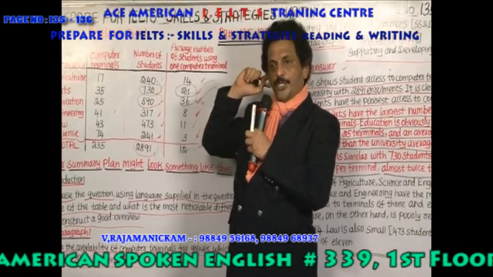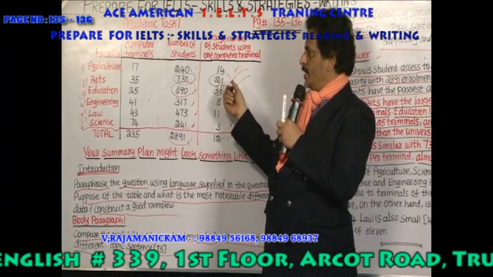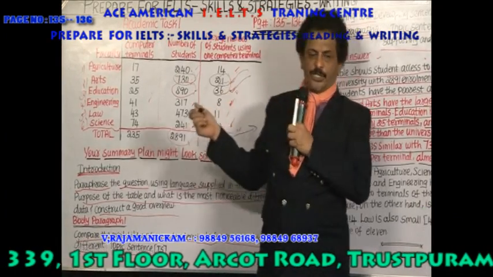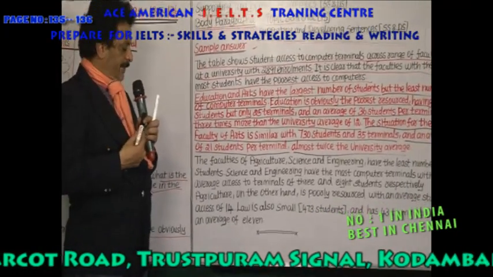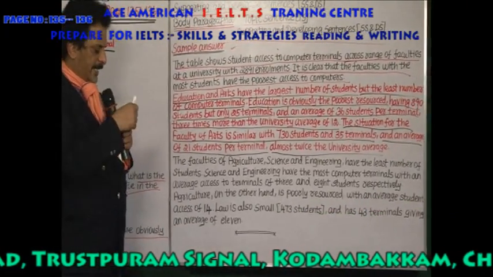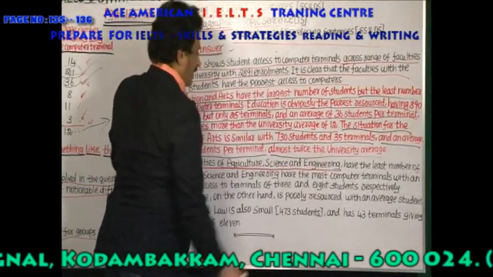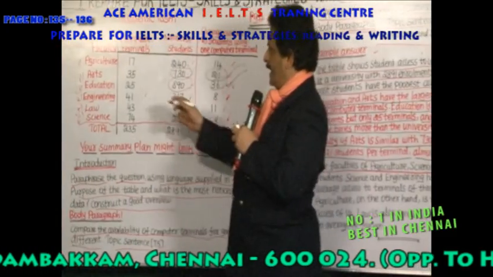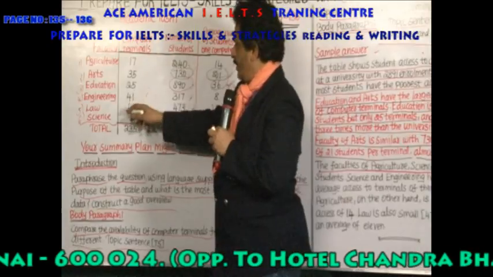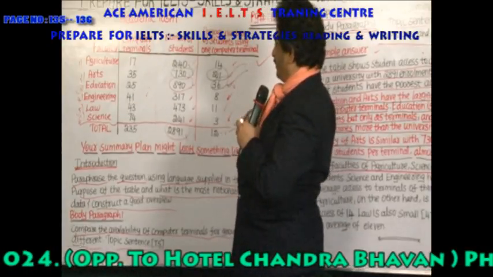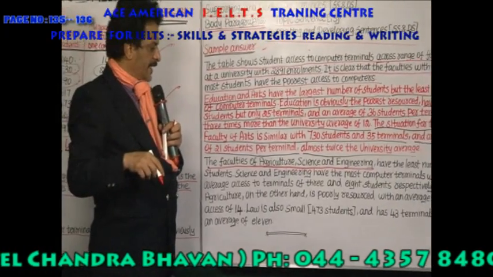And the third paragraph, what does it say? The Faculty of Agriculture, Science and Engineering have the least number of students.